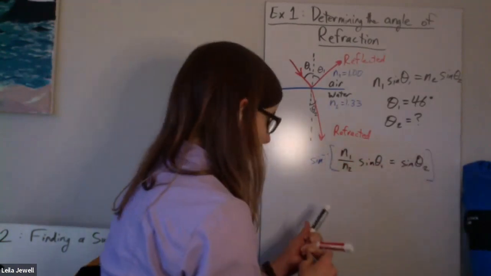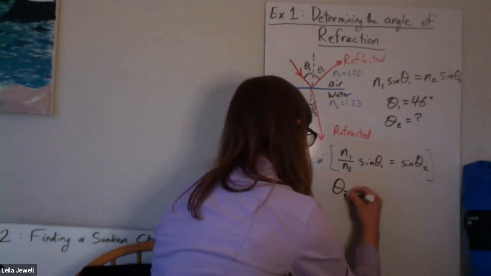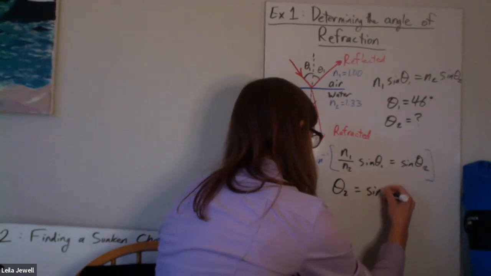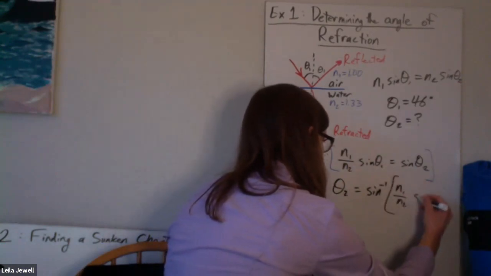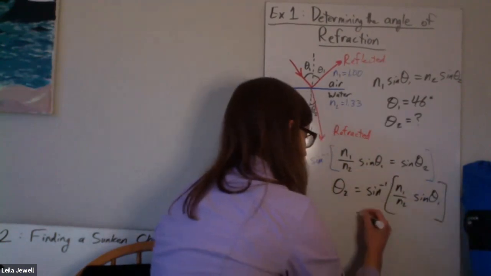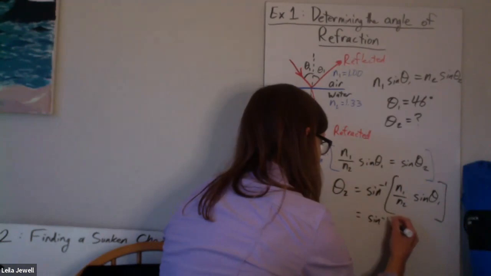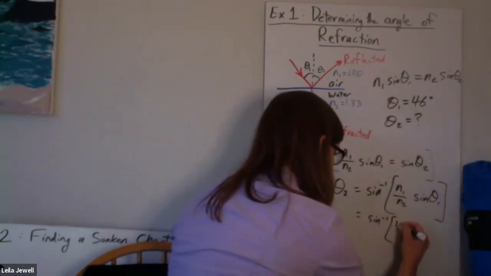So do that to both sides, then I'll have an equation for theta 2: theta 2 is equal to inverse sine of n1 over n2 times sine of theta 1, which we can plug in. n1 we said is 1.00.